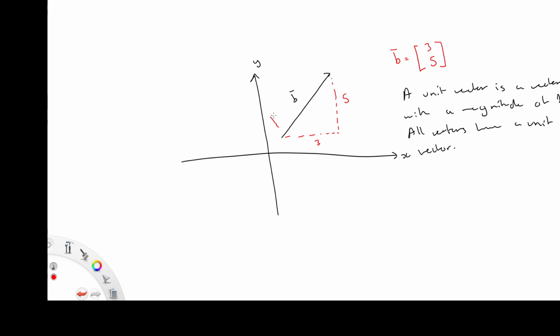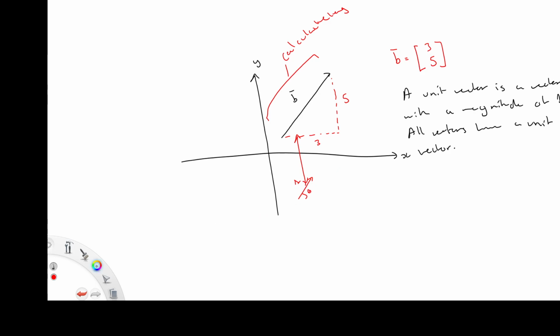So you have to calculate the length of the vector. Basically, you have to make this vector smaller so that its magnitude is just 1. So its magnitude is 1, but its direction stays the same as B, right? So how do we do that?